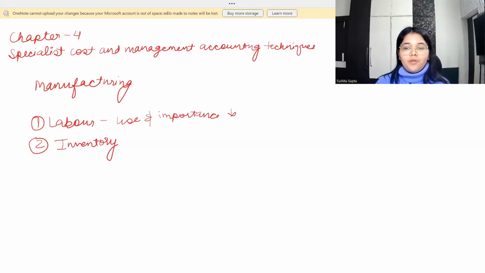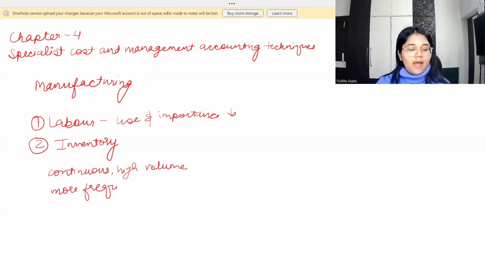Earlier it used to be continuous and high volume, but now we are doing more frequent, shorter runs, in order to adapt to the changing trends.